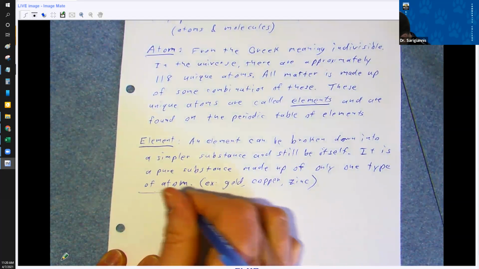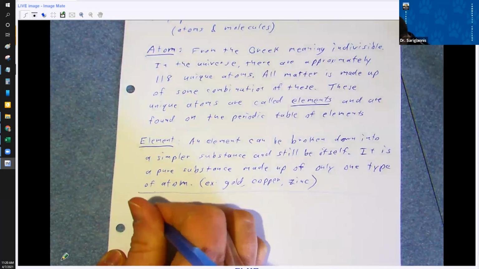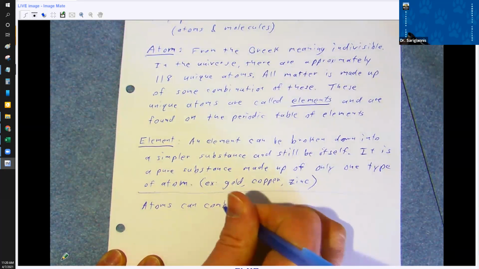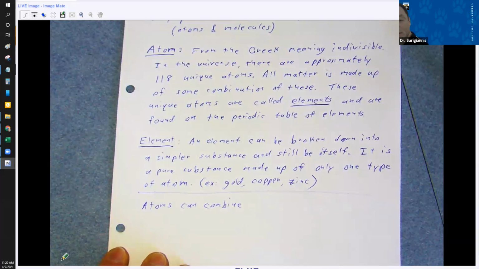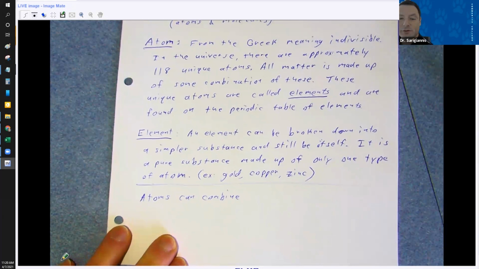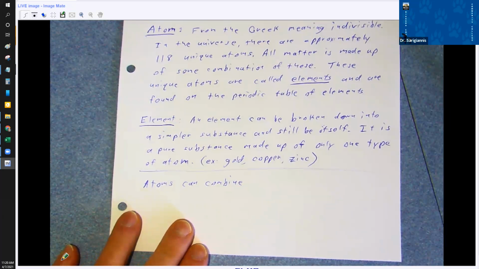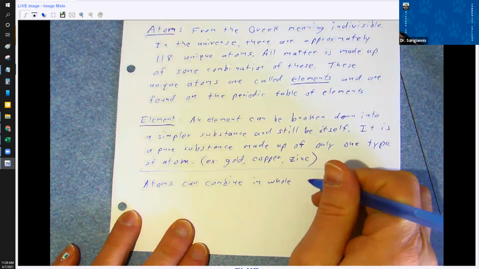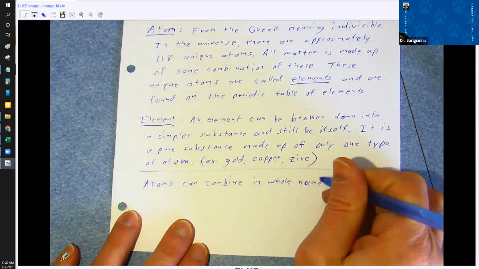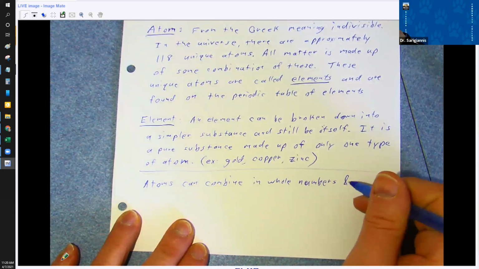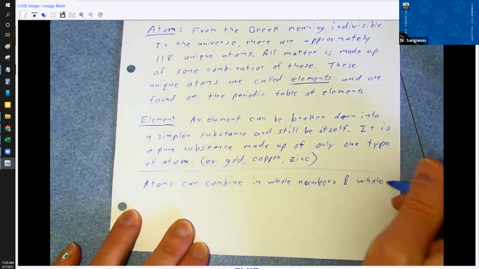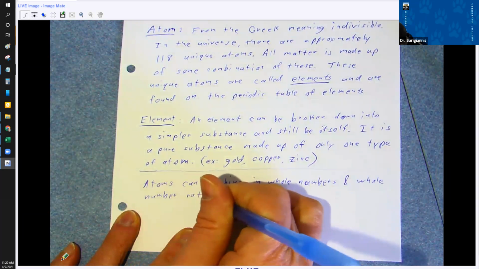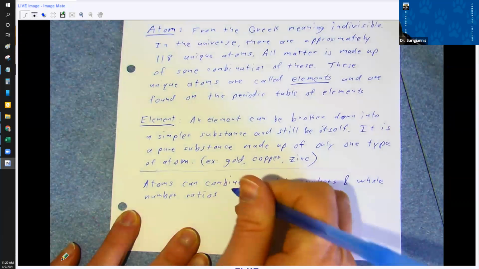I'm going to draw a little line here because this is not part of elements. Atoms can combine in whole numbers and whole number ratios to form compounds.